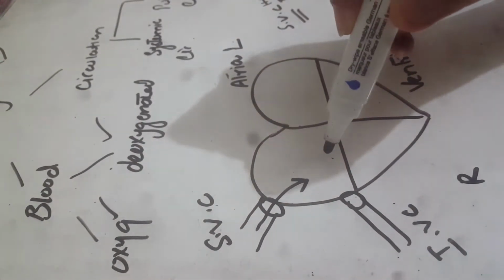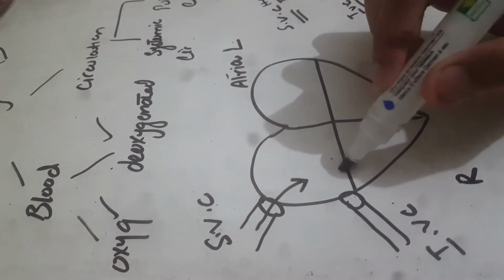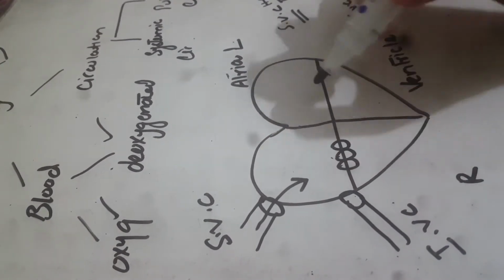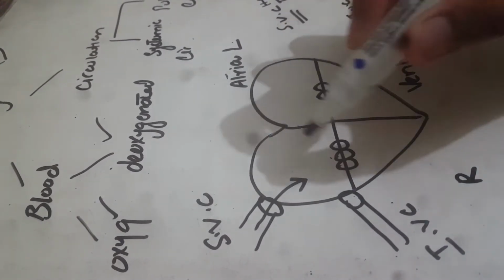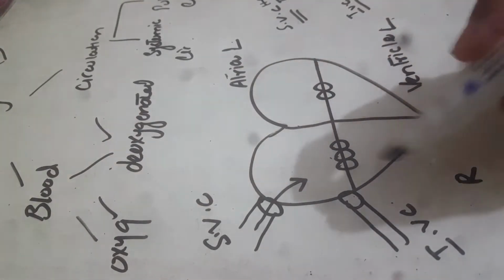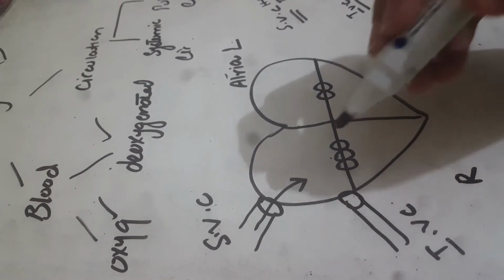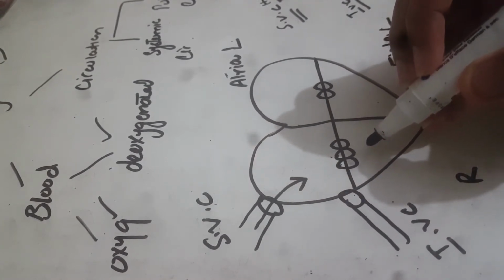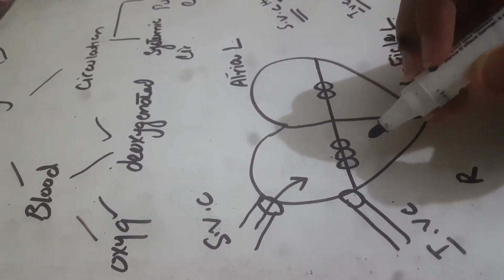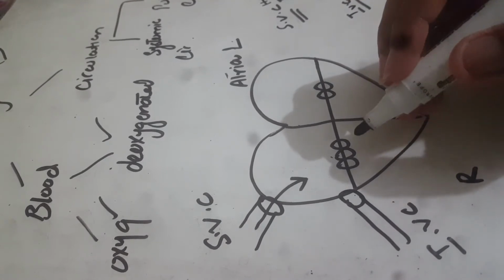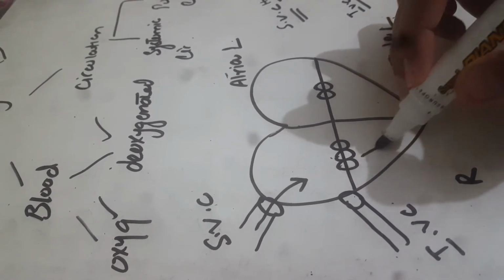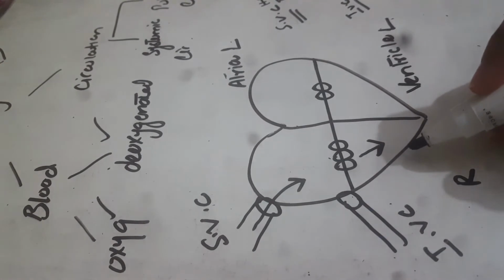Here blood is coming into the right atrium. Valves are present at the point that allows the passage of blood; they open and allow the blood to move on. These are known as tricuspid valves, or AV valves. These valves open and send blood to the right ventricle.